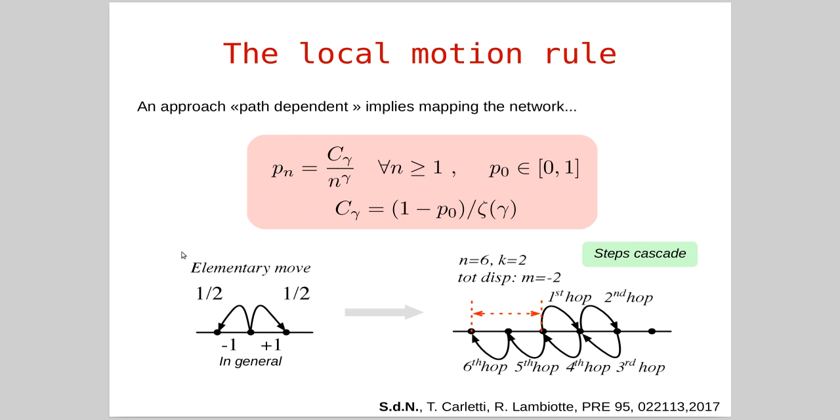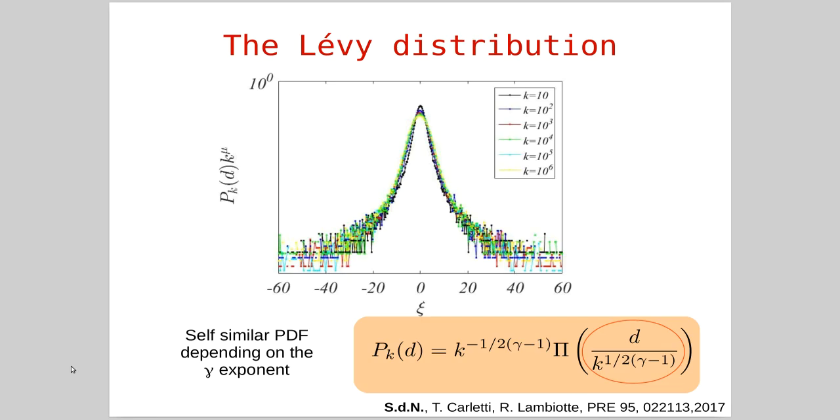So in this case, with this definition, you are able to come up with a whole calculation of the probability distribution in 1D, so on a line. And what you would obtain is that the probability distribution of moving at the distance d after k steps is actually exhibiting a super diffusive-like regime.